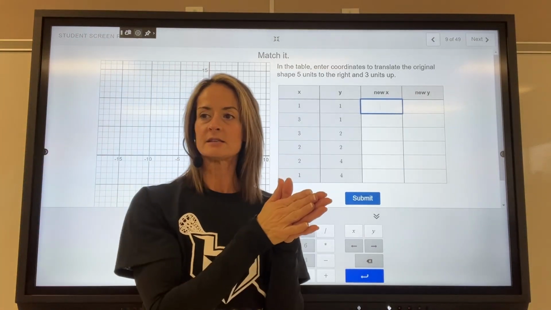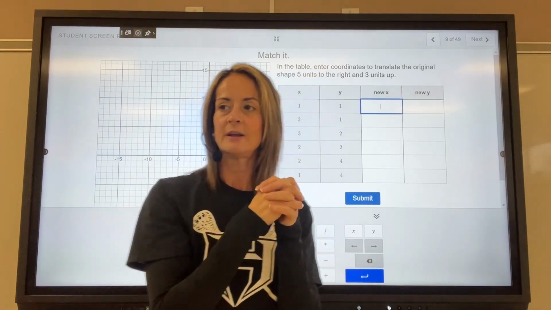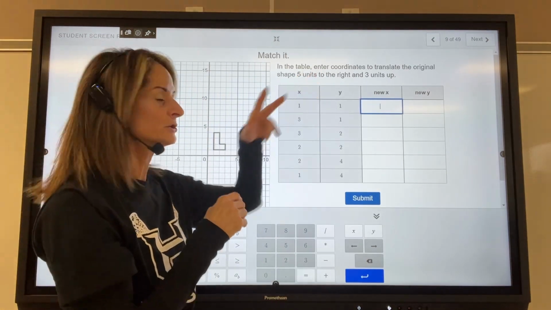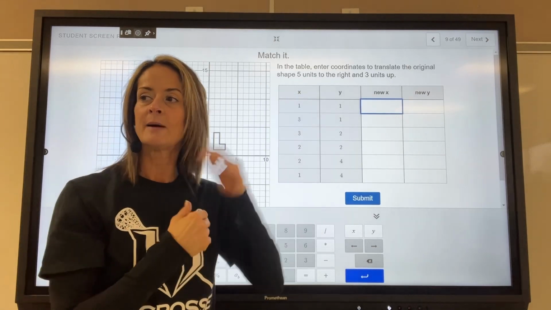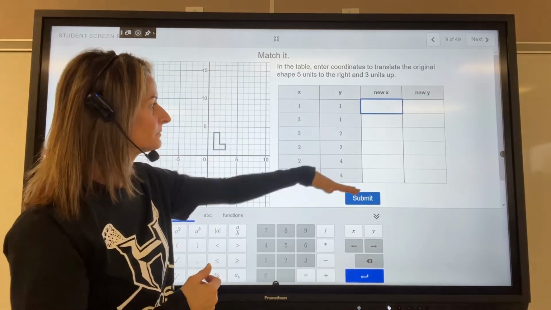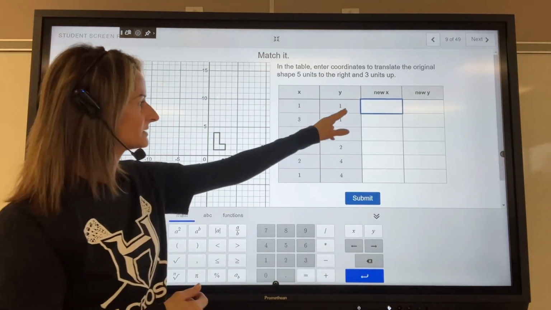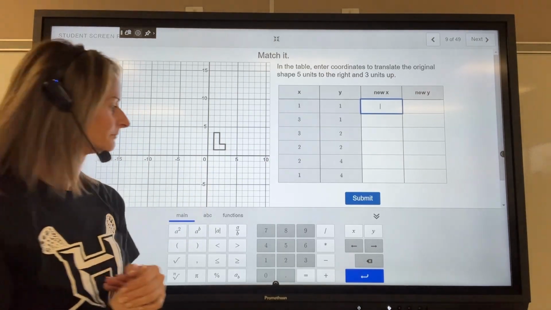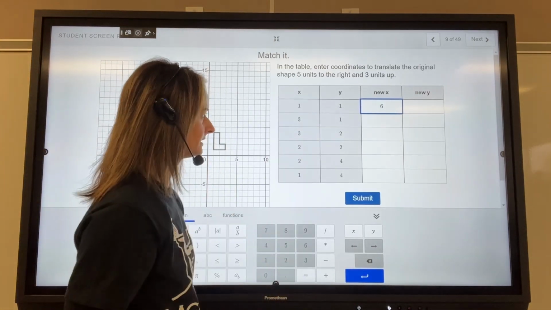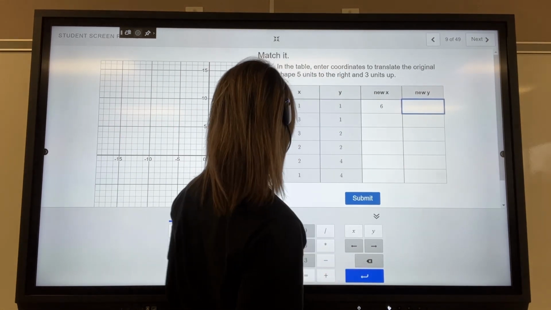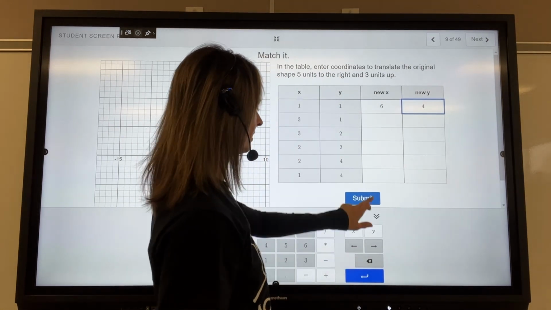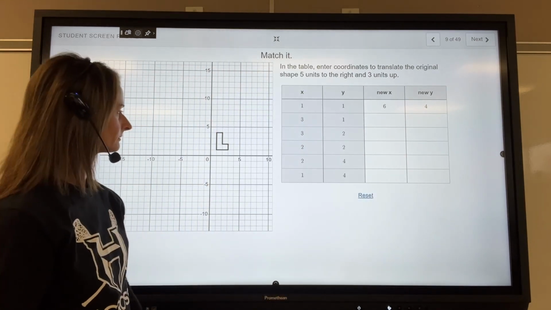Right is x and up is y. So I'm going to have to add 5 to my x value, and then I'm going up 3, so I add 3 to my y value. So do that for all these points. So what would the new x be if I added 5 to that? 6, right? And then 1 plus 3 is 4. So do that for all.